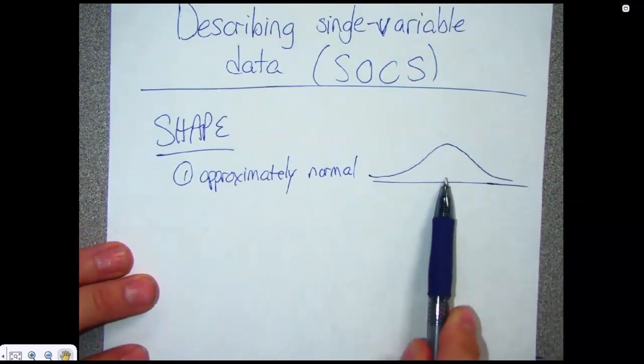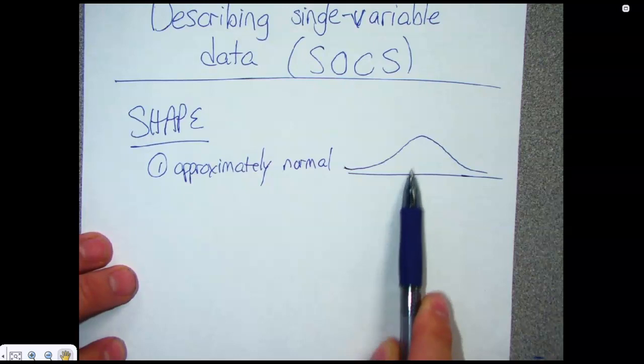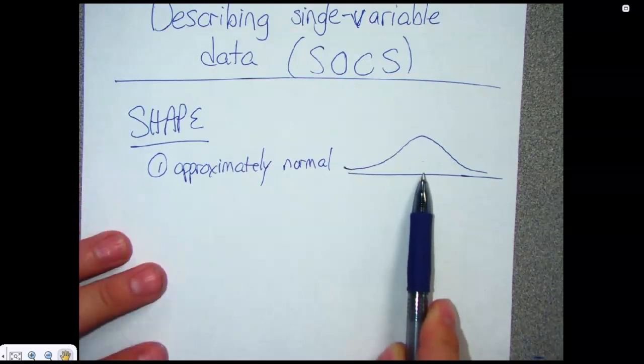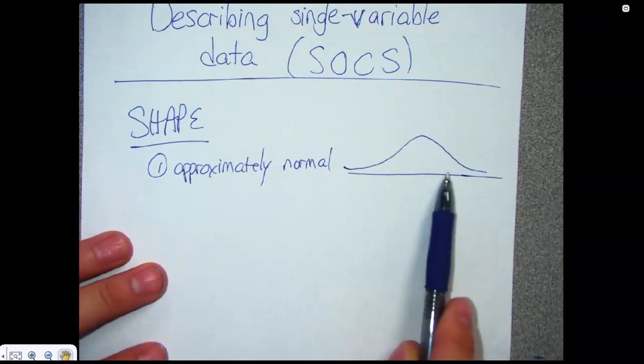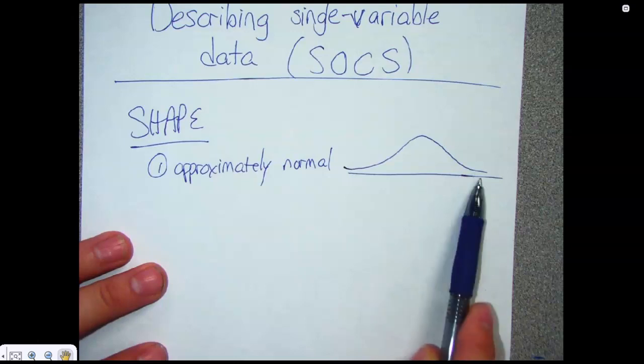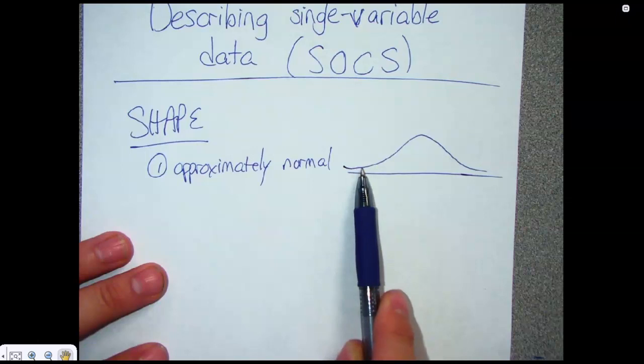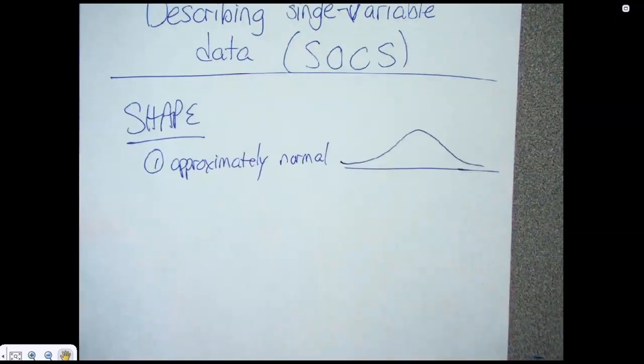This is like an SAT score. Most people get 1,000, which is the average, so most people are pretty close to 1,000. As I get better and better, higher scores, there's fewer people that get those scores. As I get lower and lower, there's fewer people that get those scores. Most people are clustered in the middle, and as you get further away from the middle, it gets a little more rare. So it's approximately normal.